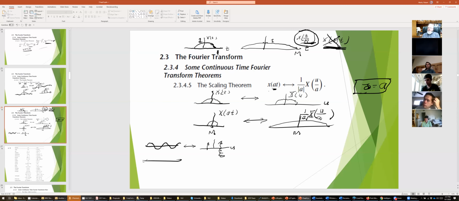What happens if we increase the frequency? Boy, that's the worst sinusoid I've ever seen in my life. Okay, but you get the idea. We're taking this sinusoid and squeezing it, making it smaller.